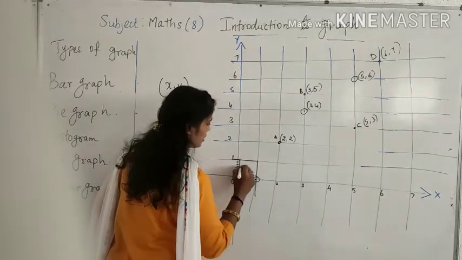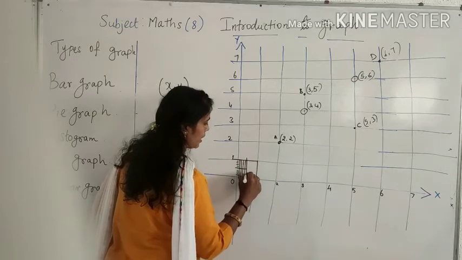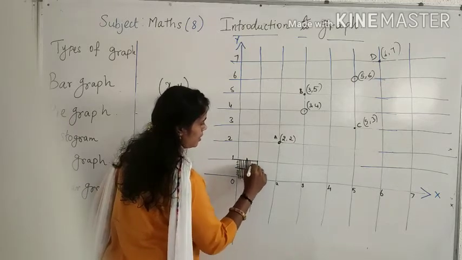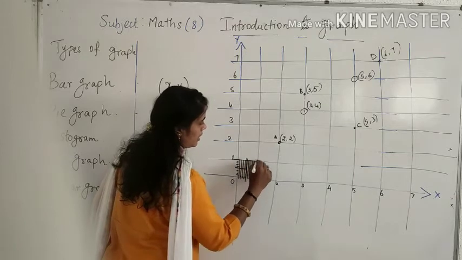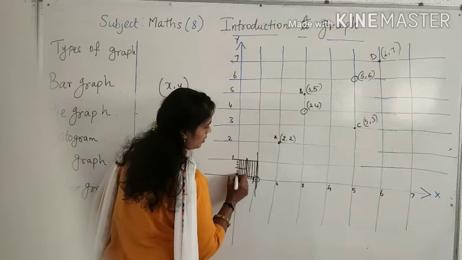Suppose we take it like this: 1, 2, 3, 4, and the fifth line is a little dark, and 6, 7, 8, 9, and the 10th line is a little dark. Same way you take it here.